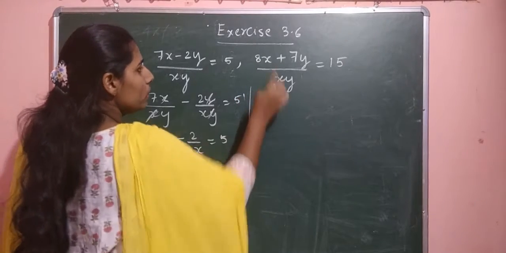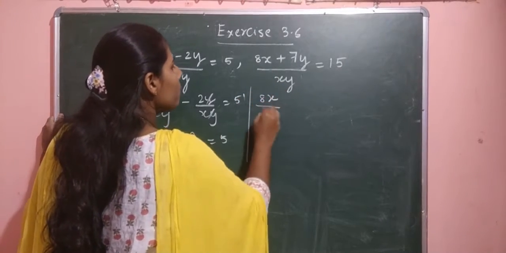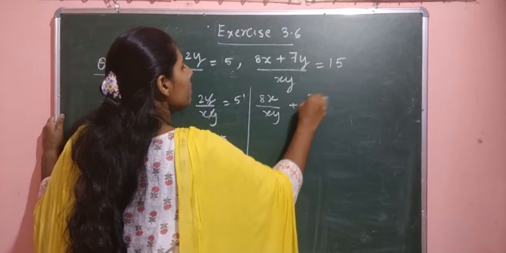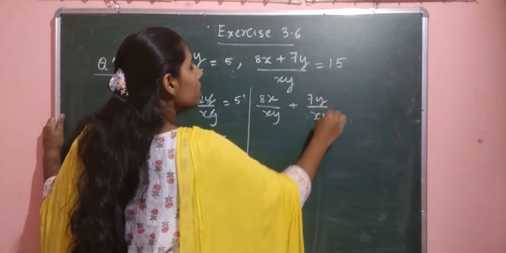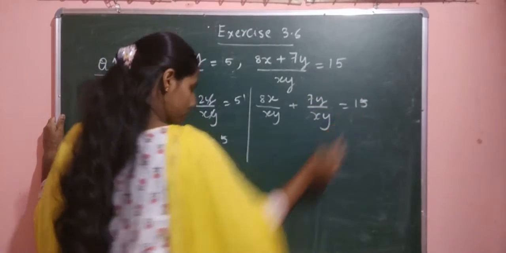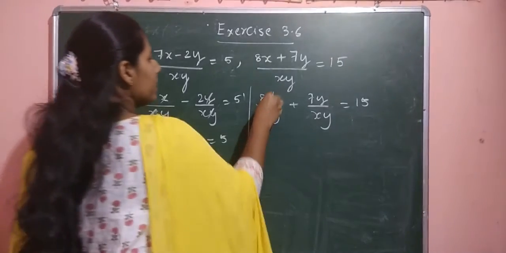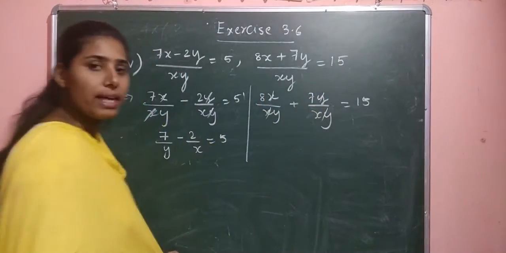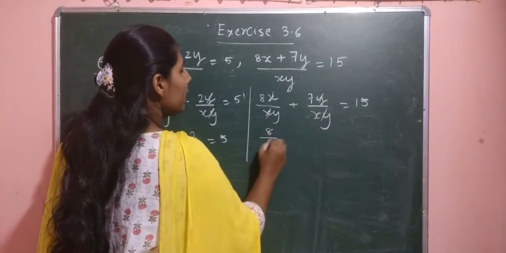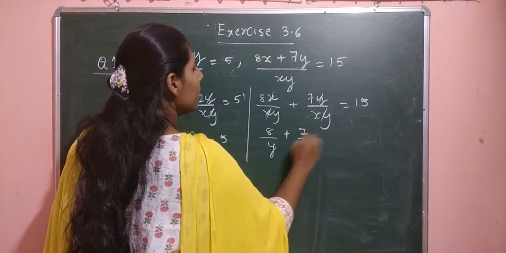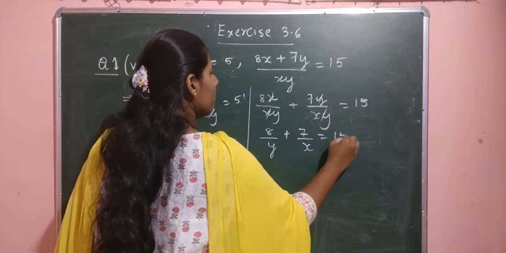Again here we will split: 8x/xy + 7y/xy = 15. Now x and x get cancelled, y and y get cancelled, and we are left with 8/y + 7/x = 15.